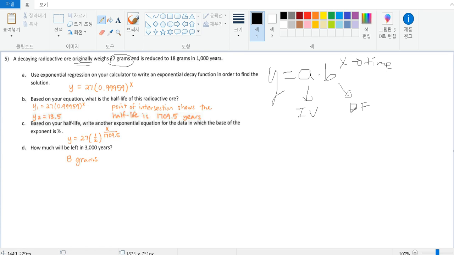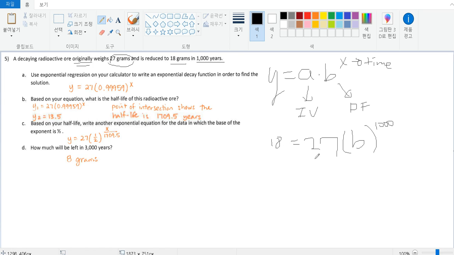Our initial value a is 27. We don't know our b value, but we do know how long it took to become 18 grams. So x is 1,000, and that gives us 18 grams. Now using this equation, we can find the b value.